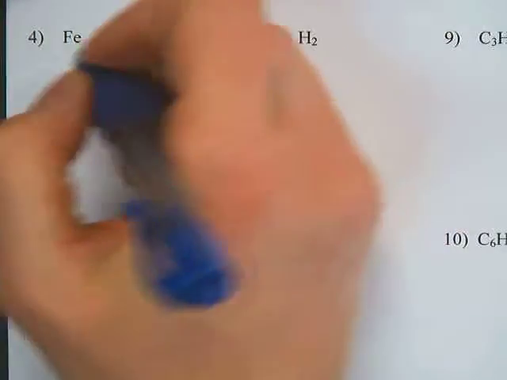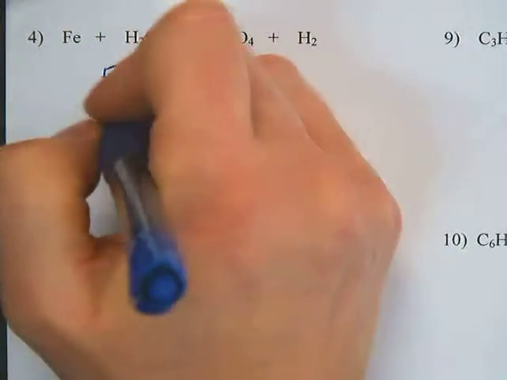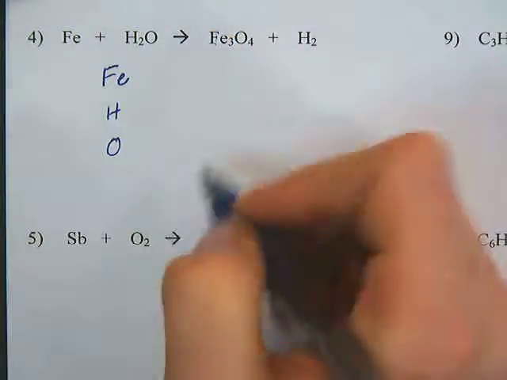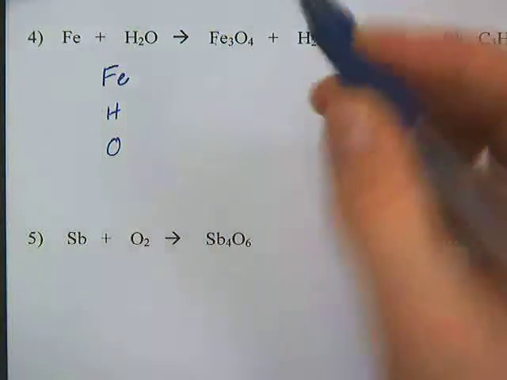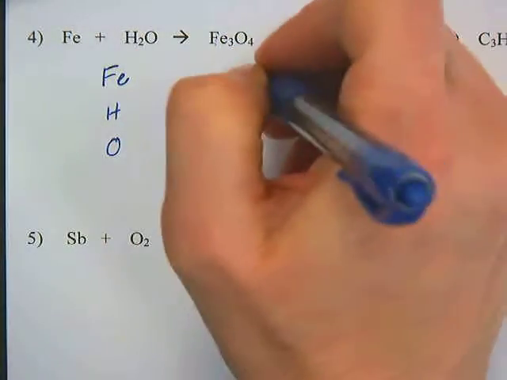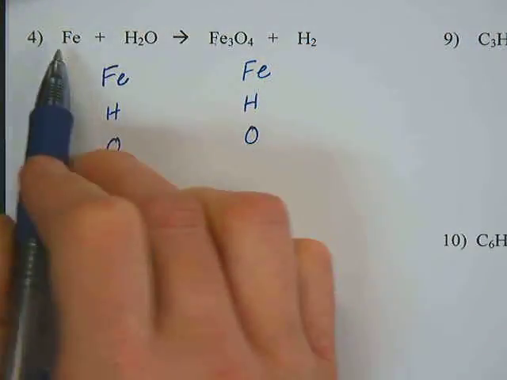So on the reactant side, we have iron, hydrogen, and oxygen. And again, we're going to do it the same way on the product side, but we're going to put it in the same order that we put the reactants so that we can compare them more easily. So we have iron, hydrogen, and oxygen.